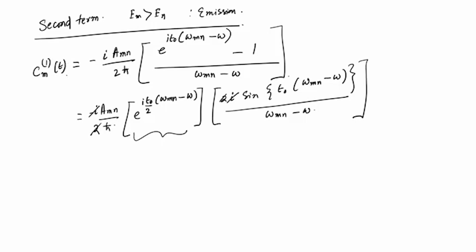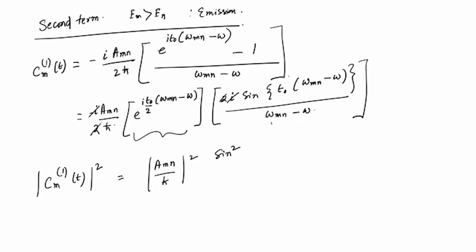So, the second term of C_m1(t), and what we want is to take the mod square of that to get the transition probability. This is equal to mod a_mn mod square by h cross, mod square. The exponential term will not be there because you are taking a mod square; exponential i and exponential minus i coming from the C star will not give you anything, and finally we have a sine square.